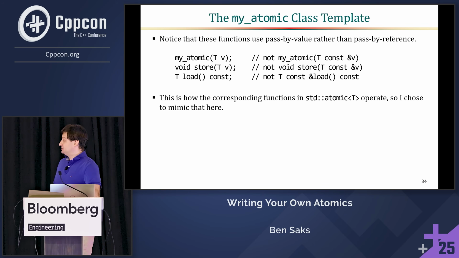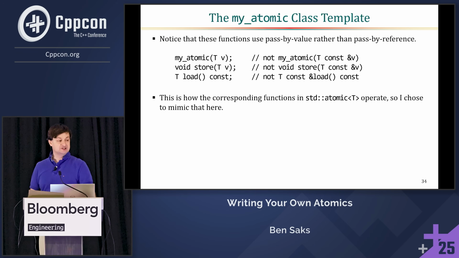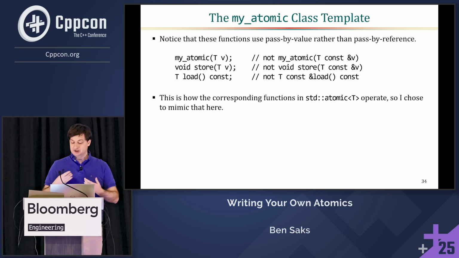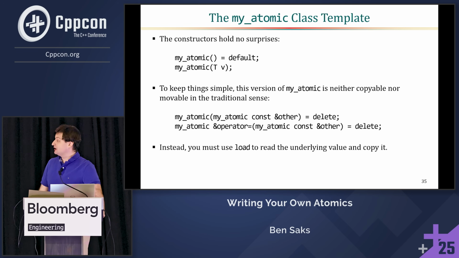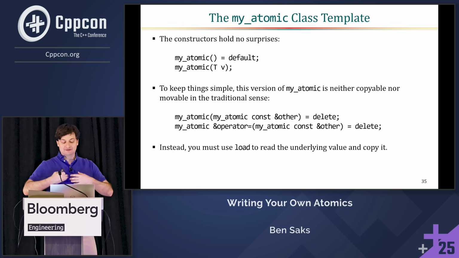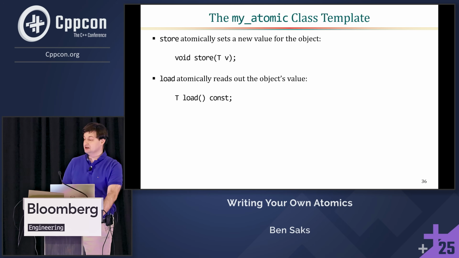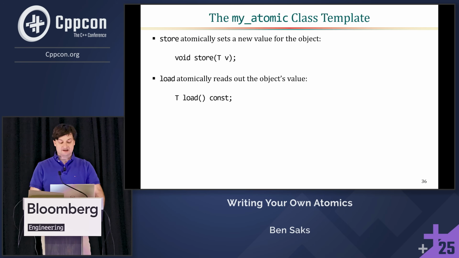I chose to make these functions pass and return by value, rather than pass by reference, because that's how the std atomic template is written to work, and I chose to mimic that in my design here. So the constructors are nice and straightforward. As I said, this version of the type isn't really copyable or movable in terms of the atomic itself, but you can use these functions to access the underlying value stored inside the atomic, and that's in general really what we need.